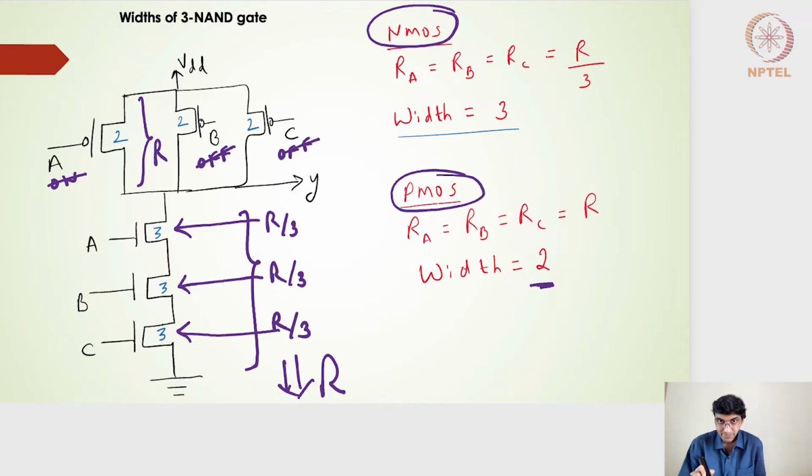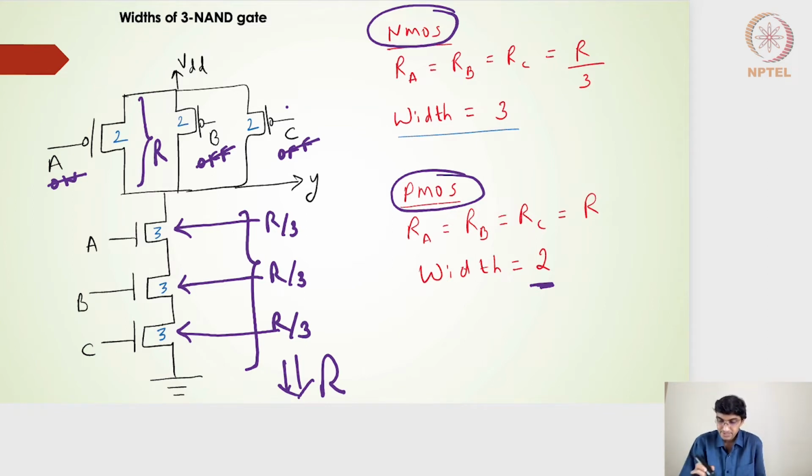In that sense, I will have to have a width of 2, so that it gives me an equivalent resistance of R. Finally, for C, if B and A are off and C is on, I should have a width of 2, so that it gives me a rising resistance of R. So that implies that all the 3 transistors on the pull-up side should have a width of 2, so that individually they give a rising resistance of R, right? For the worst case condition, what we are assuming is one of the inputs will be on, the other 2 will be off. Right, hope this is clear.